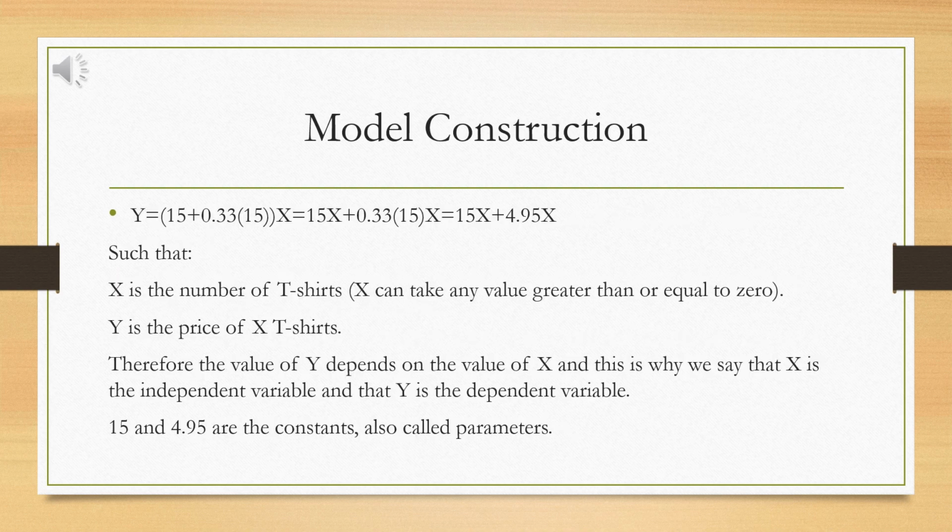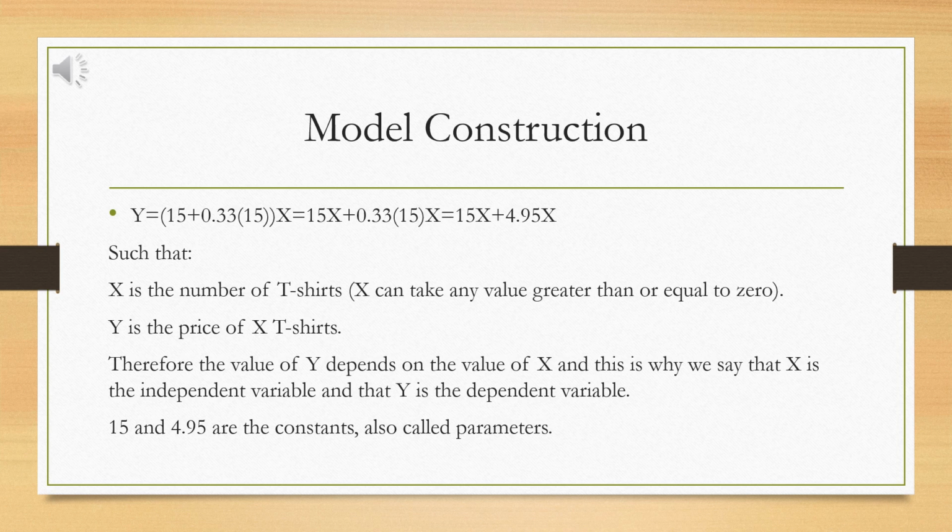Thus, y equals 15x plus 4.95x, such that x is the number of t-shirts, which can take any value greater than or equal to 0. Y is the price of x t-shirts.